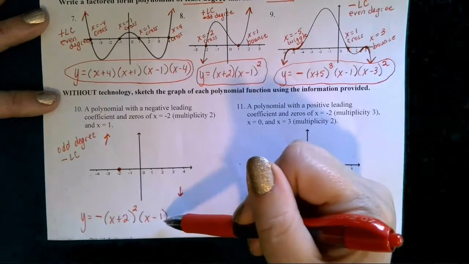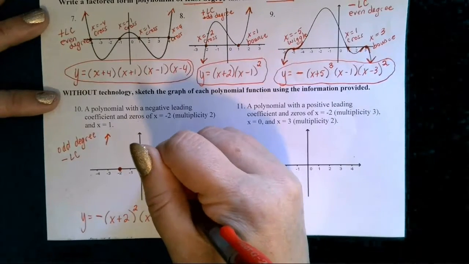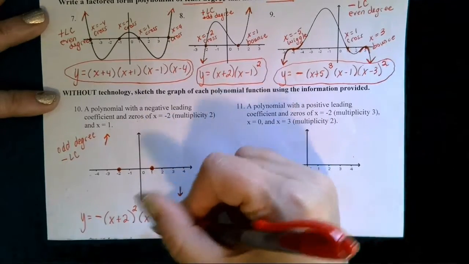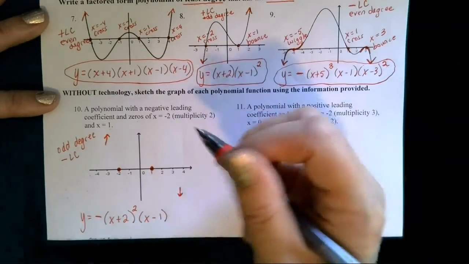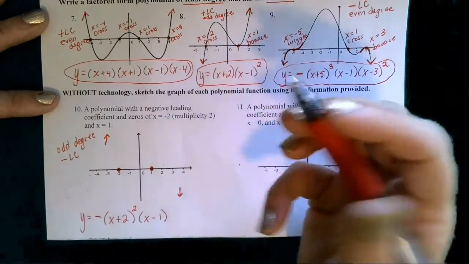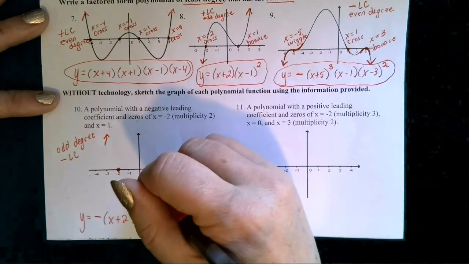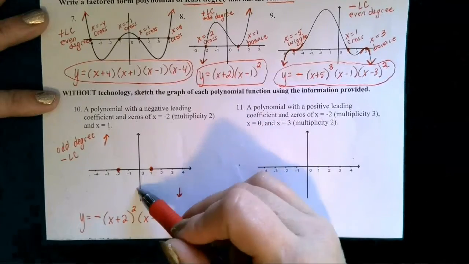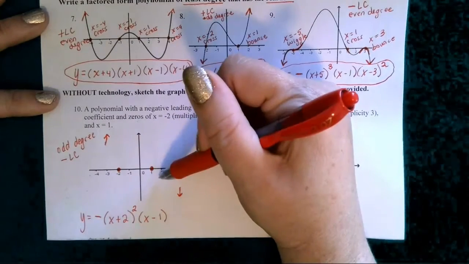So my other zero here is at +1, and that has a linear factor, so it's going to cross, and again I need to know that end behavior ahead of time because otherwise I don't know if it crosses up with a positive slope or if it's going to cross down with a negative slope.